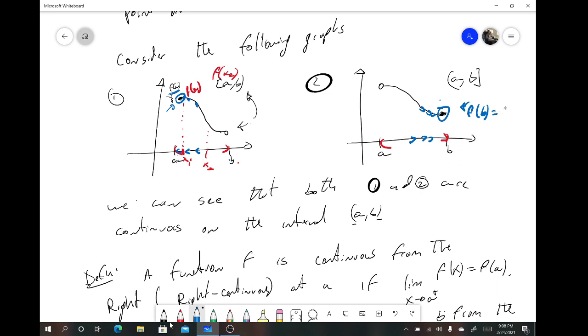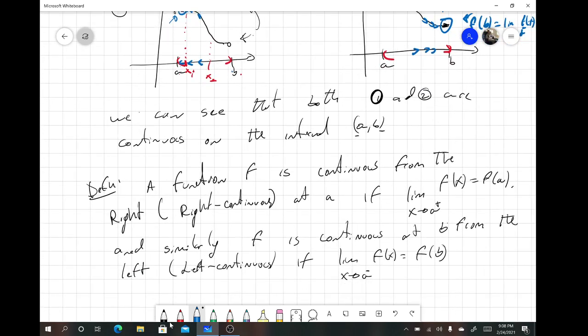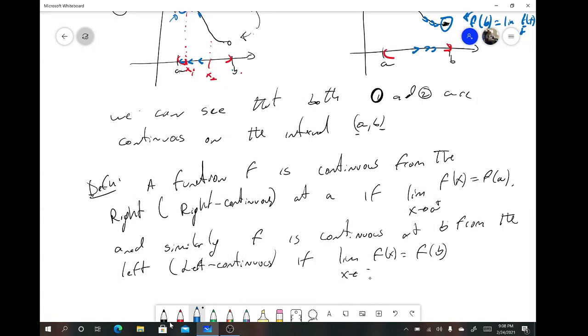So f of b is equal to the limit from the left as x goes to b of f of x. This should be a b down here, not a b from the left.